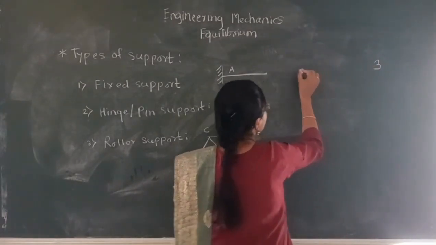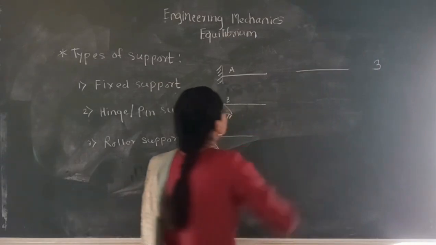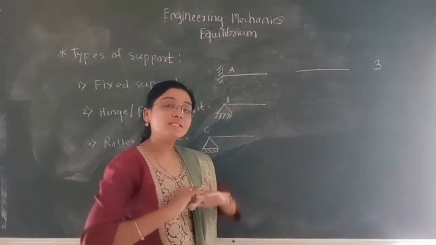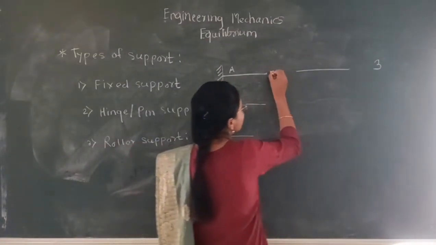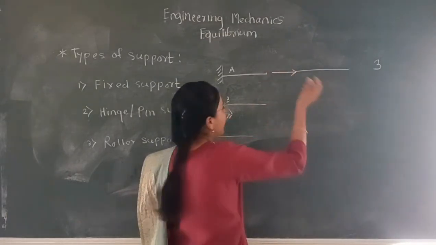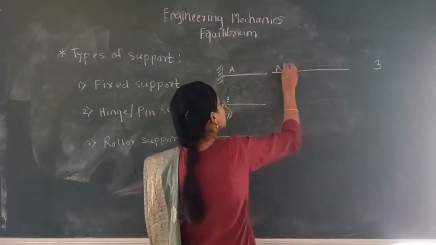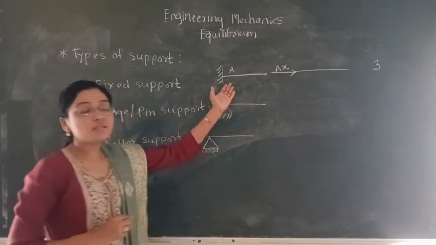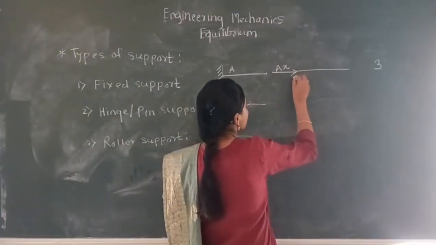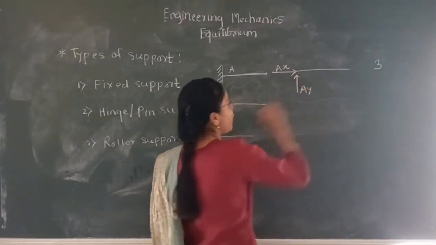So how can we show this? Let's see, here is a fixed support. Its horizontal motion is restricted, so the horizontal reaction generated is Ax. This beam is also vertically restricted, so there will be a reaction Ay.